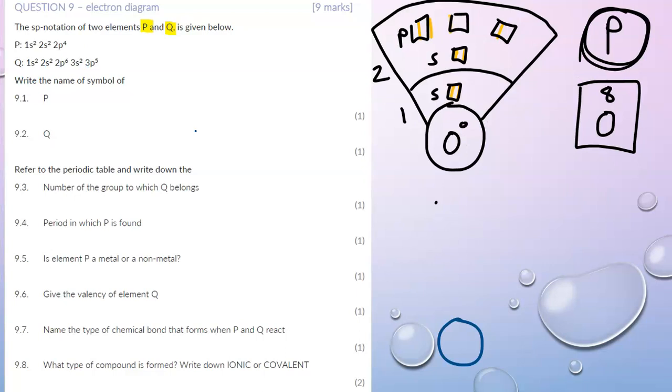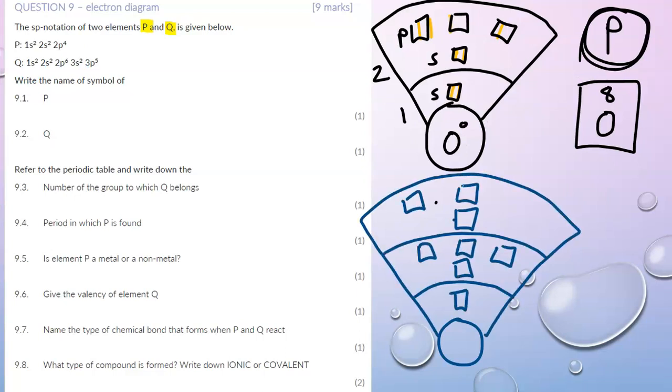Now Q goes up to the 3rd energy level. So we have 2 electrons in the 2s orbital, and then another 2 in the 2s, 6 in the p orbital, 1, 2, 3, 4, 5, 6, and then 2 in the 3s orbital, and then 5 in the next one. 1, 2, 3, 4, 5.